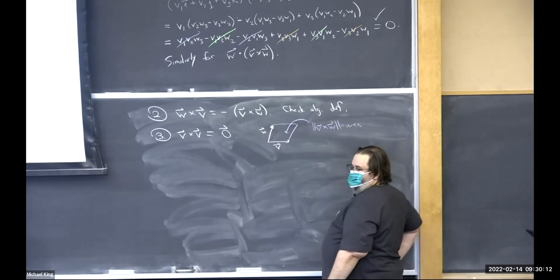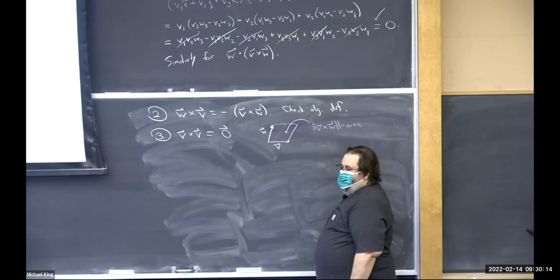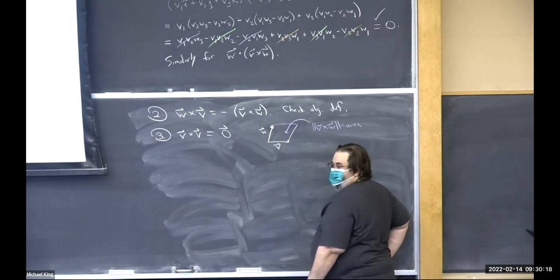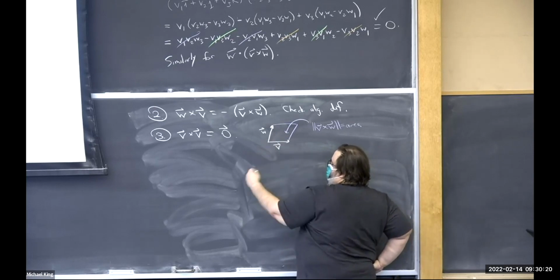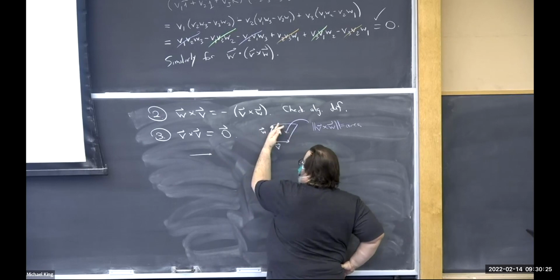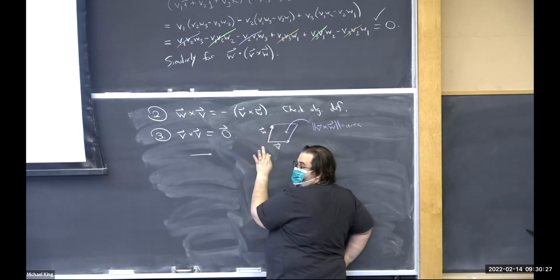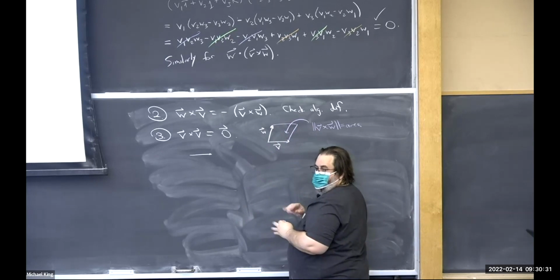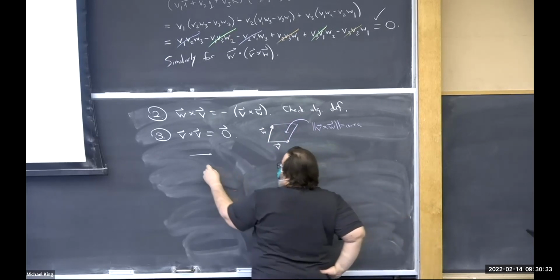But what if I have the same vector? If V equaled W, they don't really form a parallelogram. It's almost like if I swept W down and it became V, the parallelogram would get smaller and smaller and eventually cease to exist.